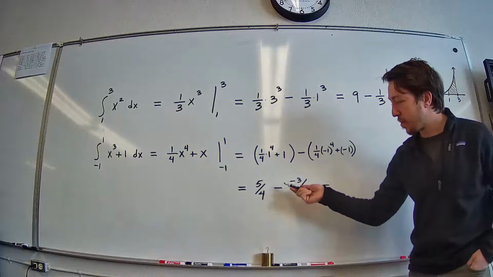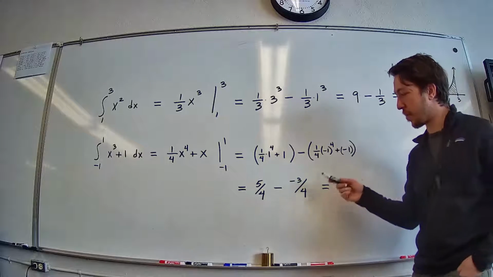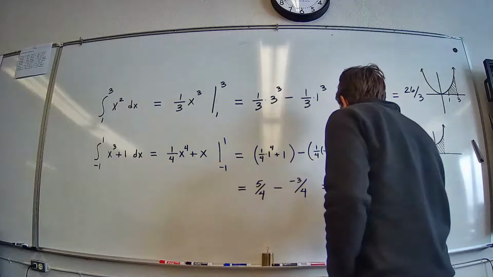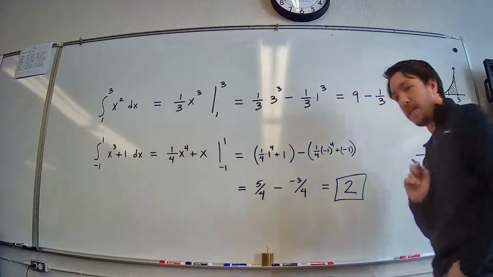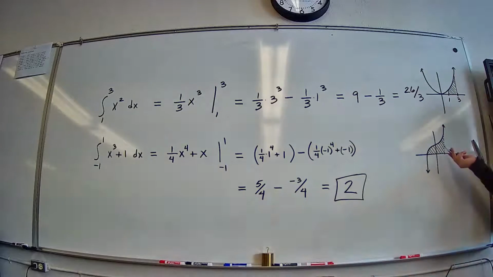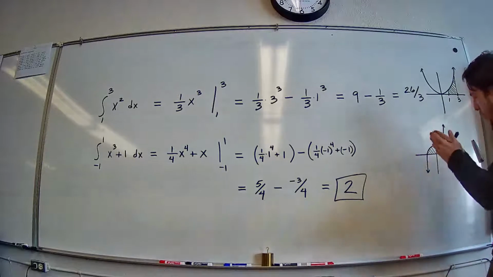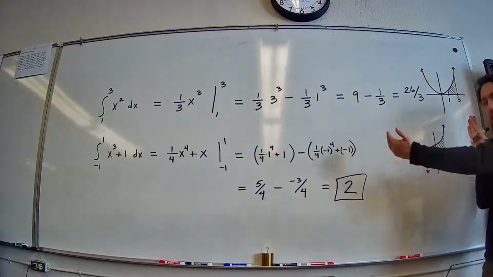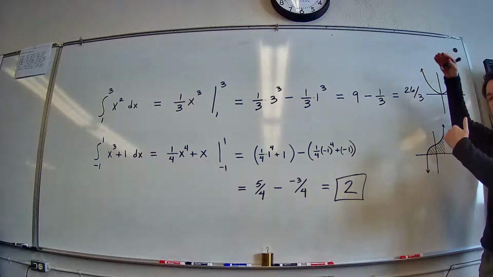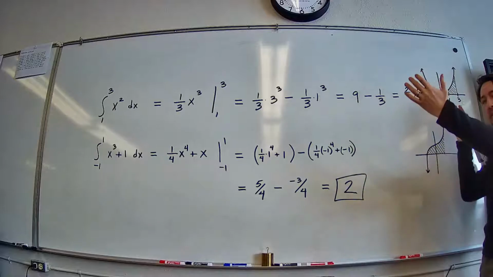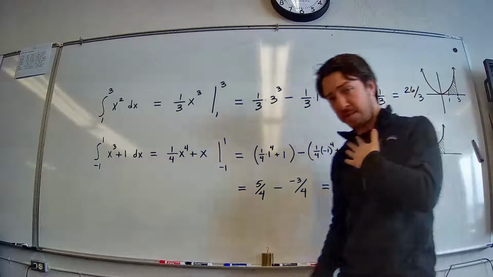So what's 5/4 minus -3/4? 2. Which I think is kind of a neat answer for this weird wiggly shape. By the way, think of the 2: this interval is 2 wide, and we raise it up 1, so a 2 by 1 rectangle has an area of 2.